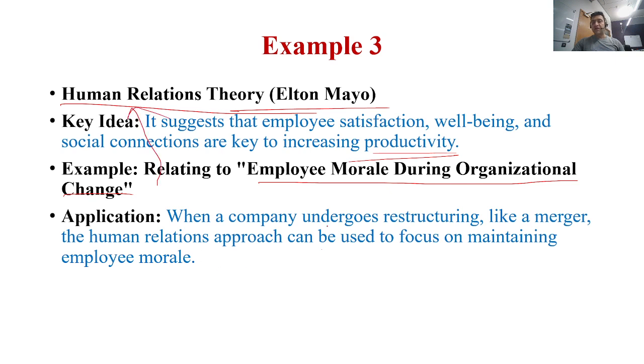And when a company undergoes restructuring, like a manager, the human relation approach can be used to focus on maintaining employee morale. So, if you take care of your employees, their productivity might improve. If you have something which is related to this kind of topic, you might be using human relation theory.